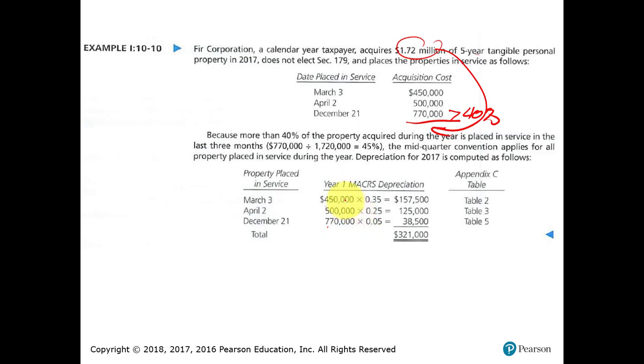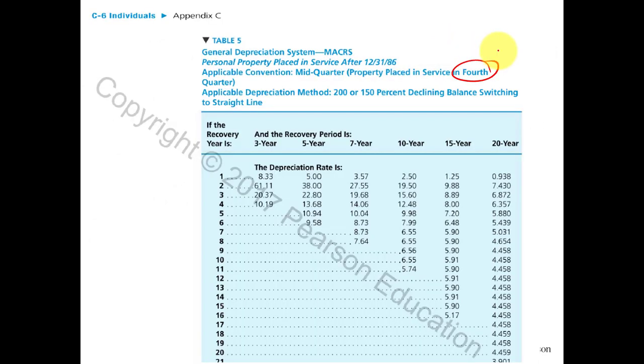mid-quarter convention tables. Again, this would be the first quarter, this would be the second quarter, and this one would be the fourth quarter. Let me just show you this 5%, what is this? Is it 5 or 7-year property? 5-year property. Here's the fourth quarter, 5-year property.